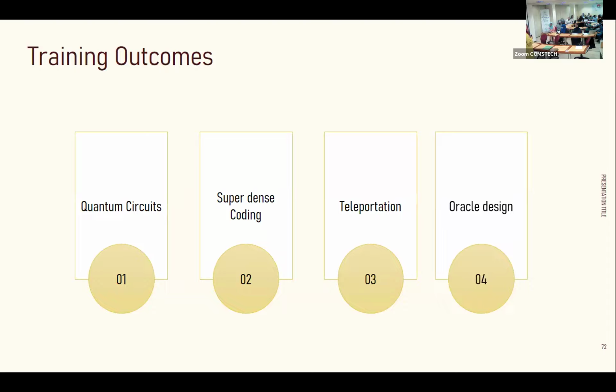Unfortunately, I have less time, so I'm going to teach you how to make a quantum circuit of a Boolean expression. You understand the problem? What we're going to study in the next hour is how to make a quantum circuit from a Boolean equation. Everyone with me?